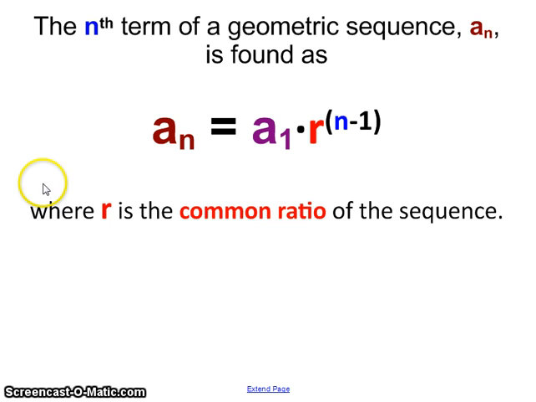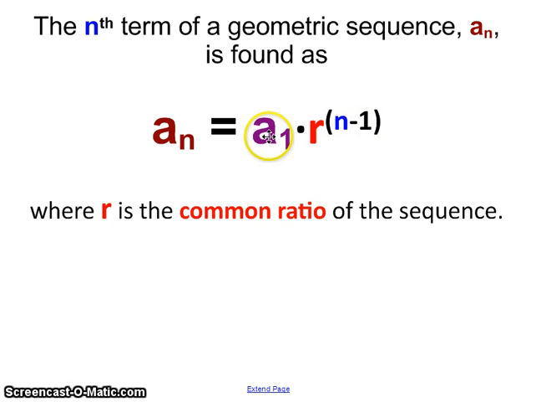So just as we did with the arithmetic sequence, we're going to see if we can figure out what the nth term of a geometric sequence is, and it turns out that we have this formula. Now if you think about it a second, this has some parallels to the arithmetic sequence formula, where we have our first term, a sub 1, and we have our common ratio, where we had the common difference before in the arithmetic, and then we have our n minus 1.